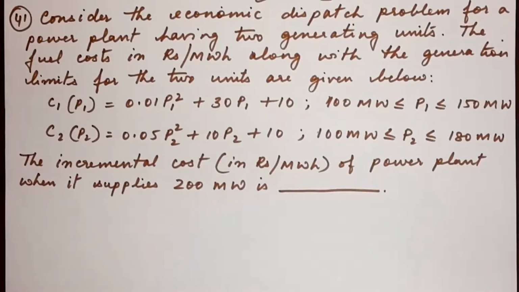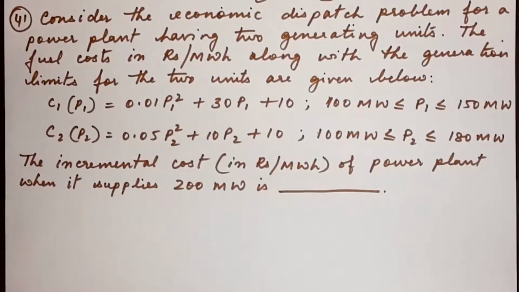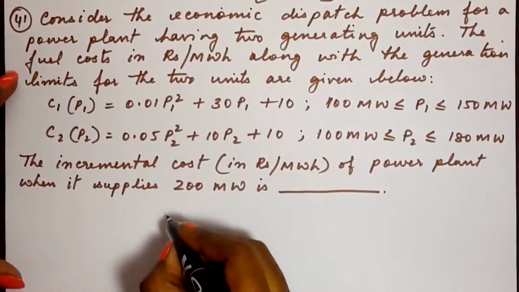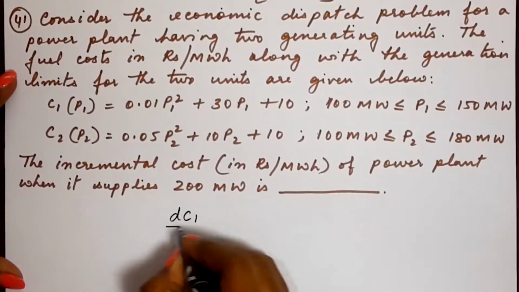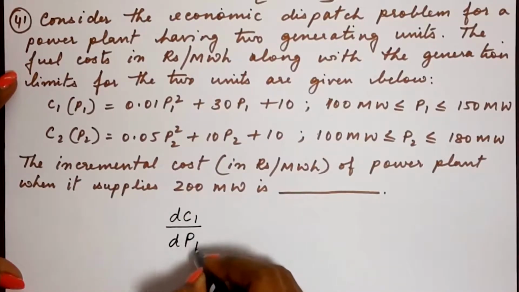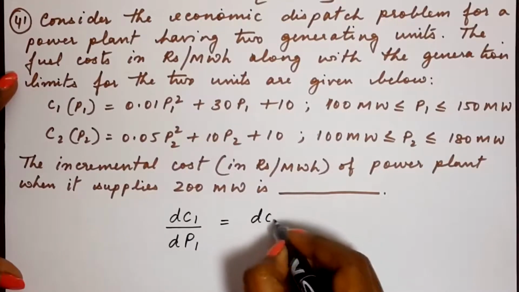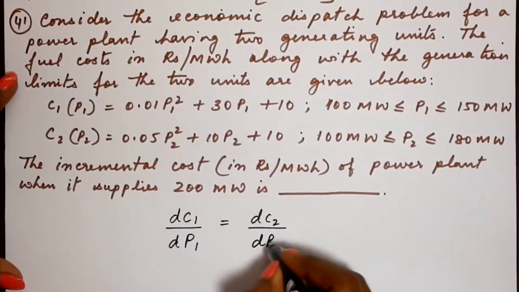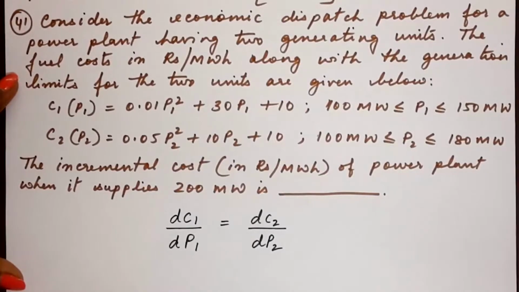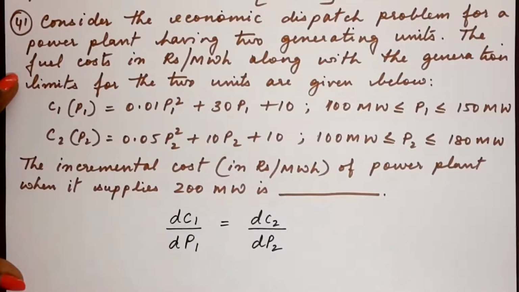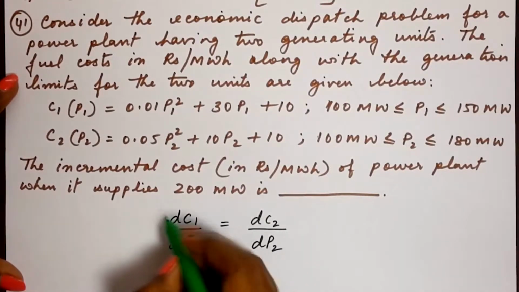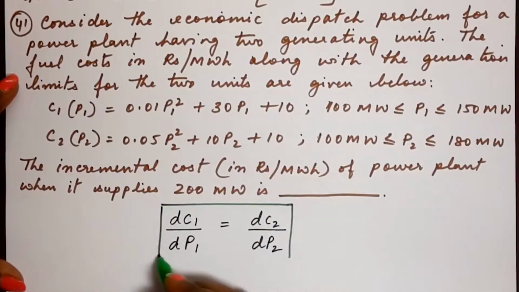Okay, so here we will have to consider our basic formula, dC1 by dP1 is equal to dC2 by dP2, in order to calculate the incremental cost. This is an important formula.